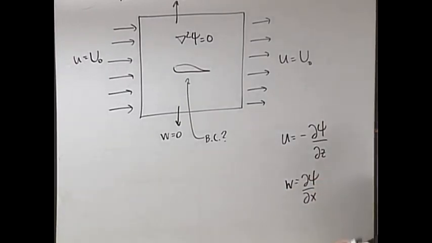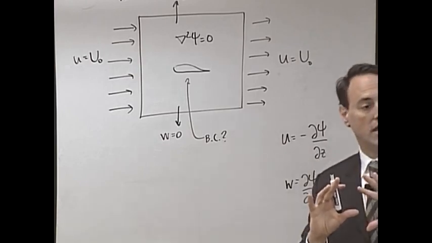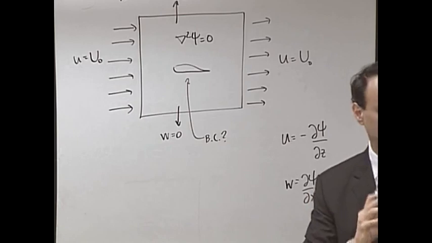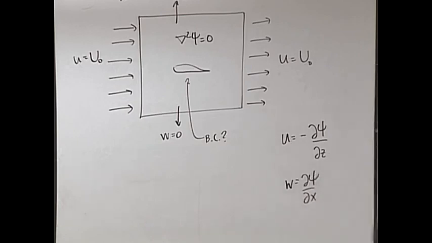Those are the relations. This is how I define the stream function in the first place, which is, remember, when you define a stream function, it's the derivative of the stream function that matters. Okay? If you take the derivative of the stream function in different directions, it gives you back your flow field. Okay? So we solve for vorticity and stream function versus the velocity of the fluid directly. Certainly that's what we did in homework 4.